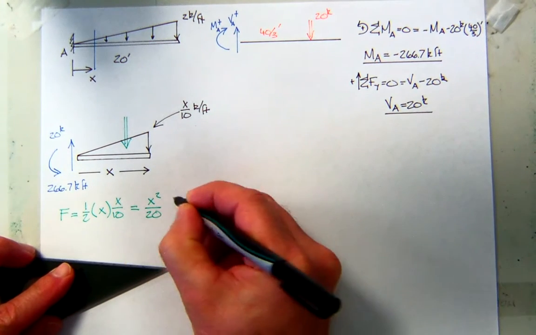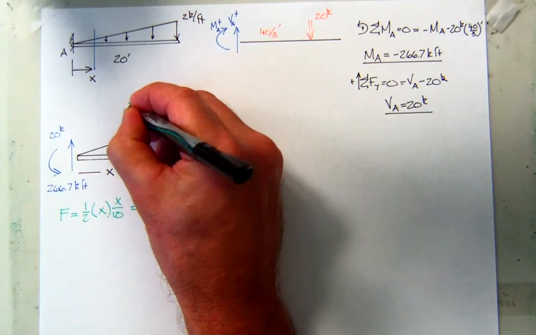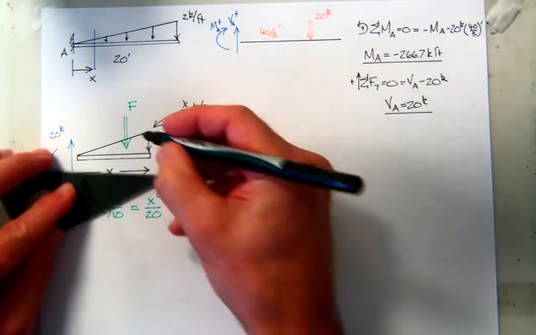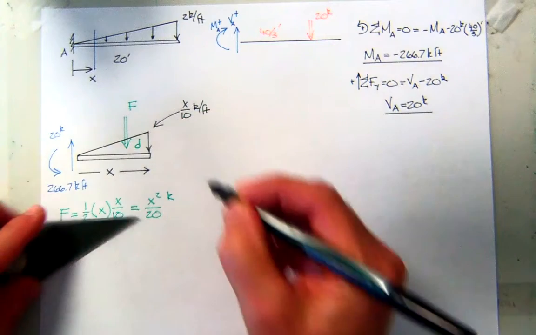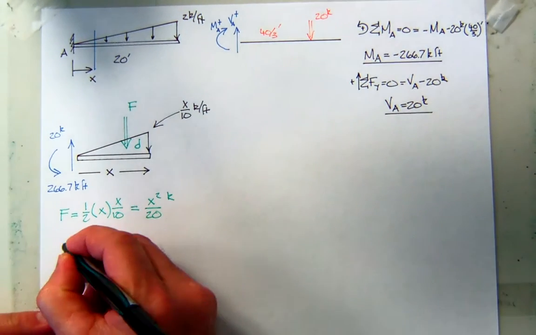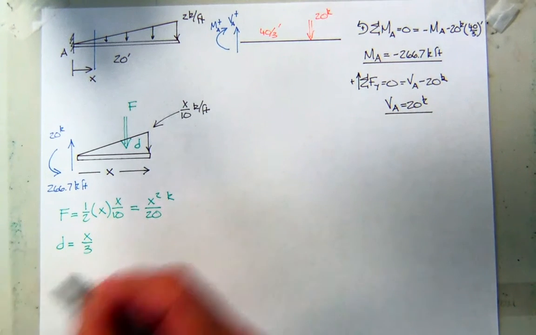And that will have units of, I know it looks odd, but it has units of kips. So I'll call that the force. What's the distance, d, from the big end? It's normally 1/3 the distance. And what's the distance? X. What's 1/3 of x? X over 3.